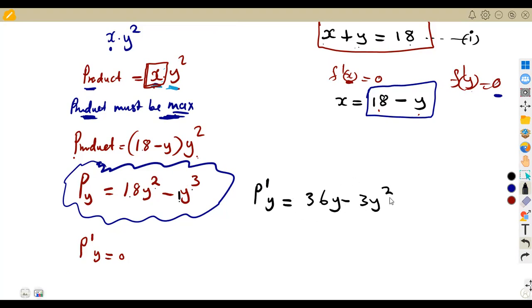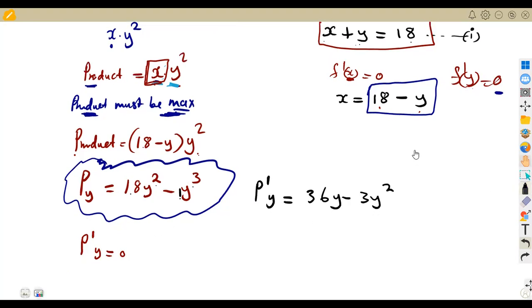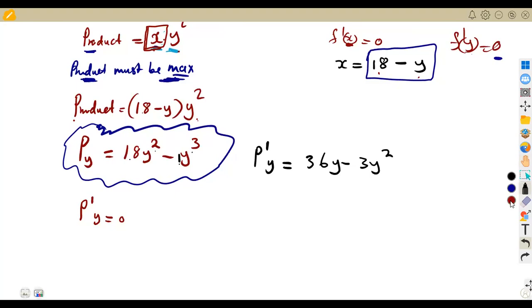So this is the expression of the derivative of the product. And we are saying the derivative of this product should give us 0. That means we are going to take this derivative, 36y minus 3y squared, and equate it to 0. That's an equation that we have formulated in terms of Y. So we are going to solve this equation.